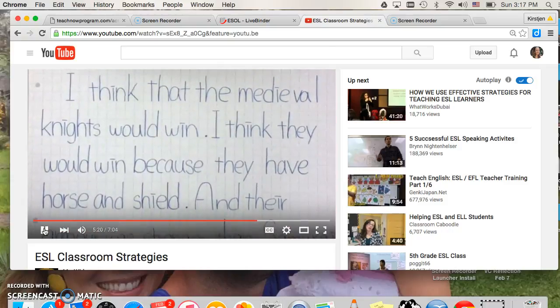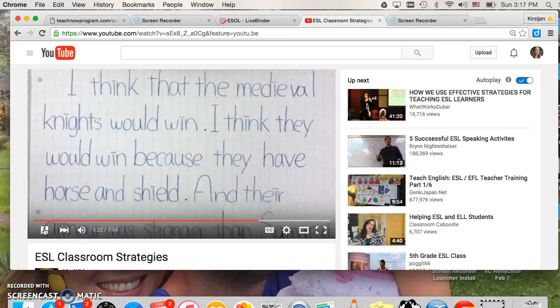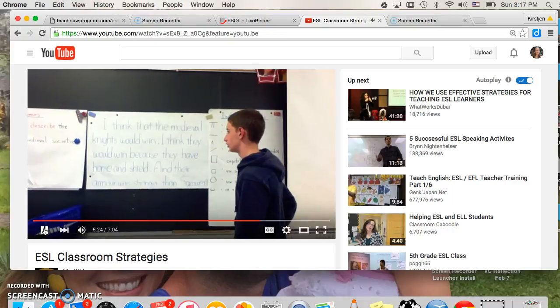So here it looks like the students have sentence starters with I think that. Having those sentence starters allows the students to feel comfortable identifying opinions, which can be very difficult at the beginning phases of writing. Then the students are able to read it out loud and they can identify their mistakes together as a class.